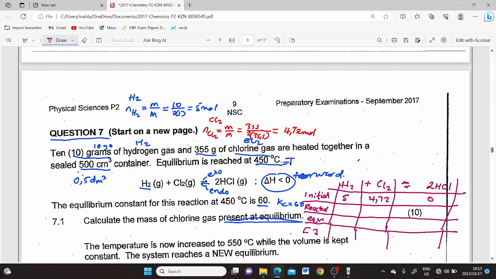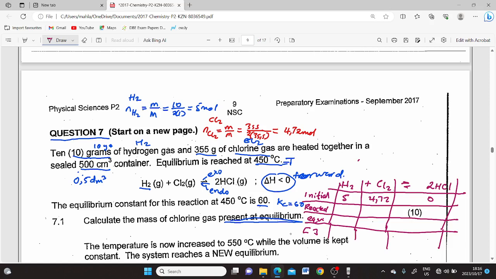But the equilibrium constant for this reaction is now 60. So they must say something at equilibrium. So the equilibrium constant for this reaction at 450 is 60.